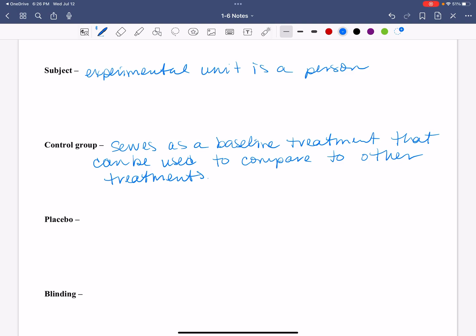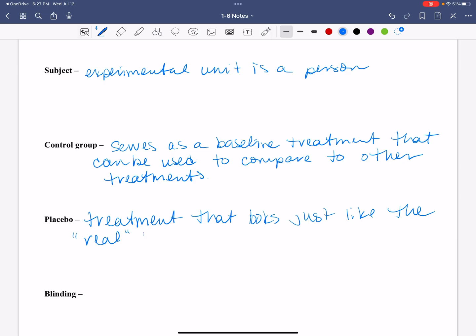All right, nice. Then a placebo. A placebo is a treatment that looks just like the real treatment in the study.